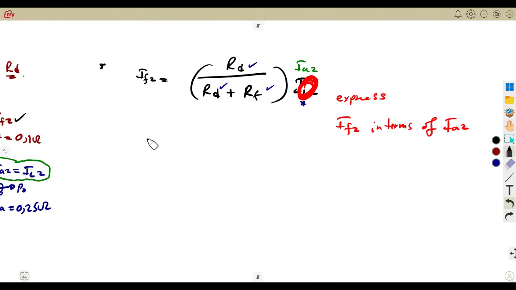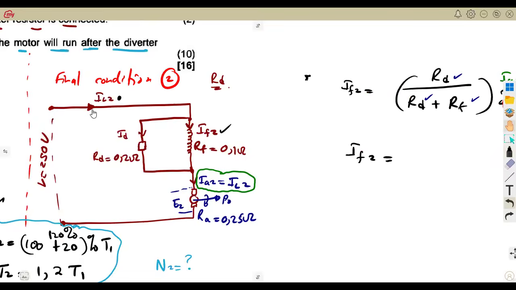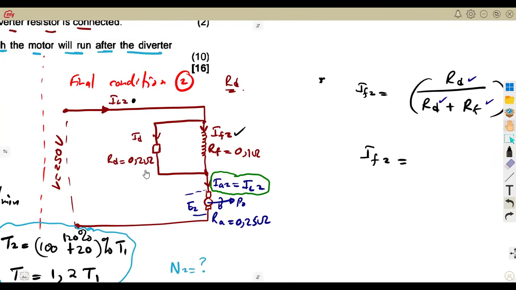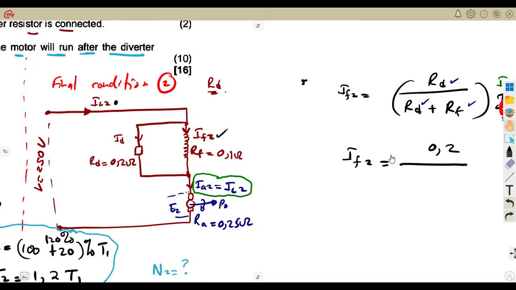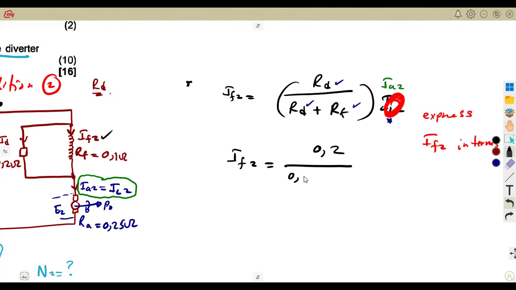So the formula now gives us, we just have to substitute. We have this RD. What is your RD? Here, RD is 0.2. So that's 0.2 over the sum of 0.2 and 0.1 for RF, times the armature current 2.